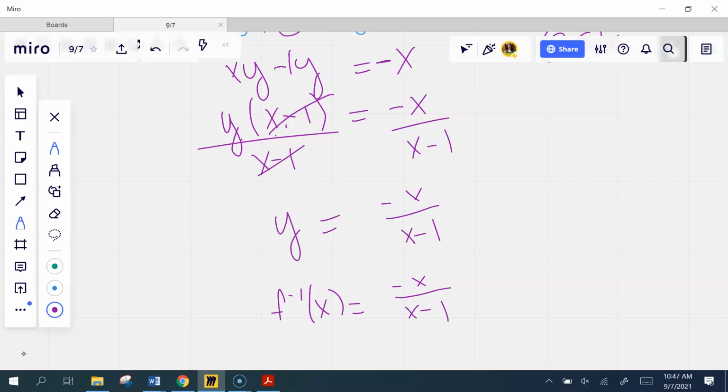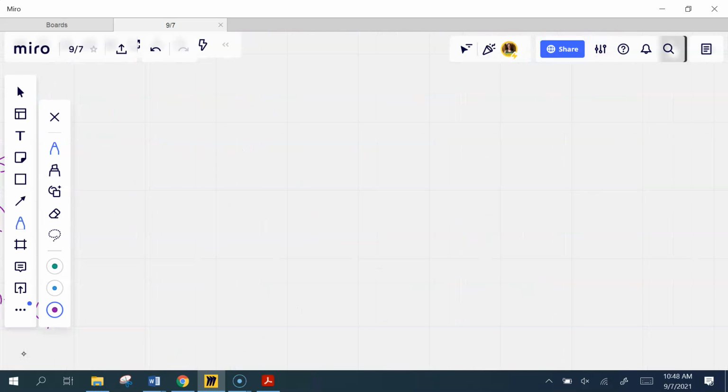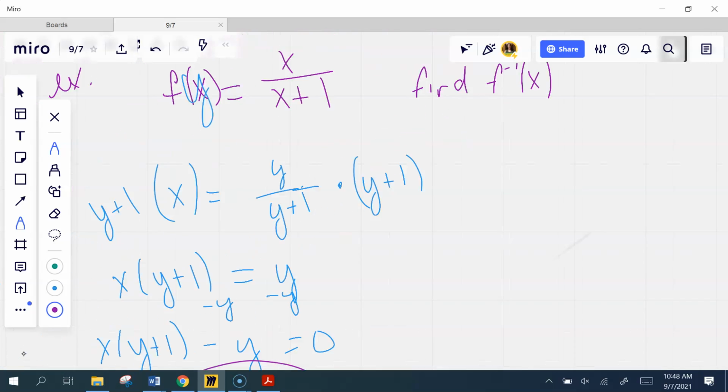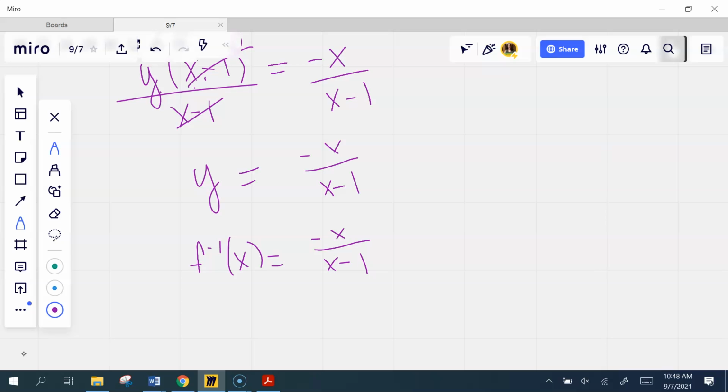Let's do another one. Like a puzzle. This one's coming from your homework. Can you go back up or go back to that real quick? Yes. I was confused.